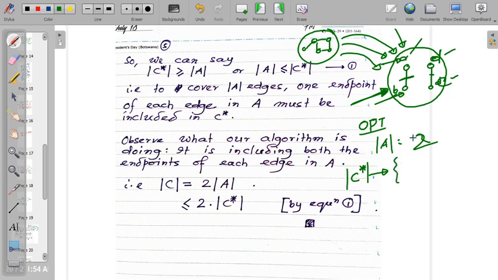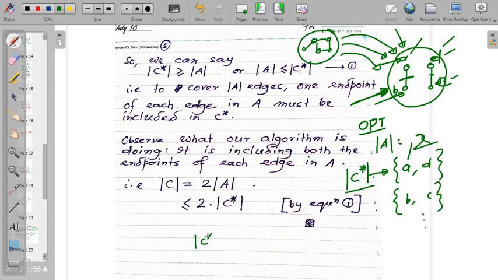So that could be either A, D, say, or B, C, say, and any other possible. That means either I am taking A and D, or B and C, or B and D I can take. So what is the cardinality of C star?